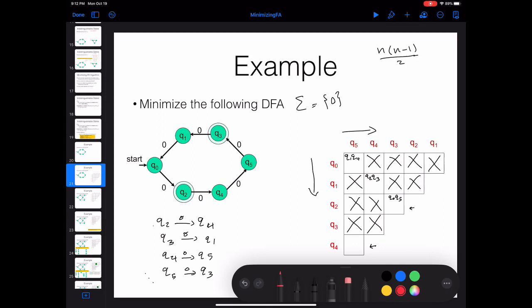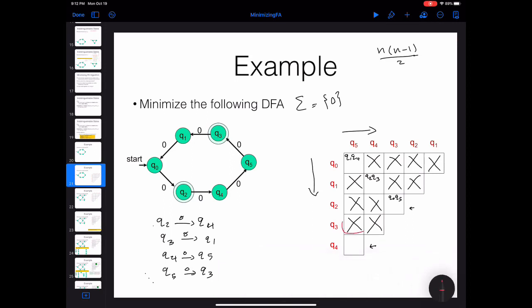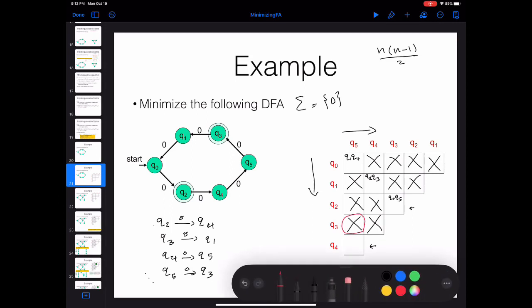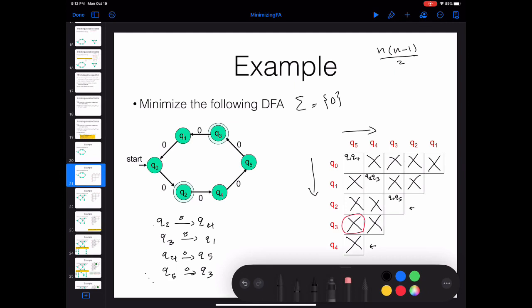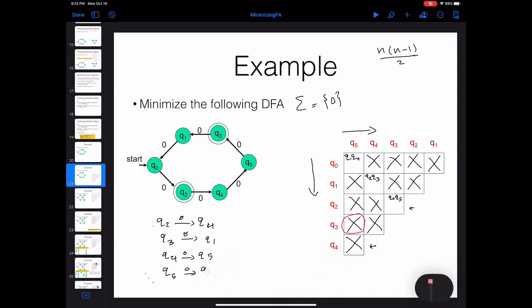I'm going to refer to the table. Q5 and Q3, this is already marked as distinguishable or not equivalent. So that's it. I know that this pair is going to be not equivalent. So let me just erase all of this and see that I'm done with filling the table.